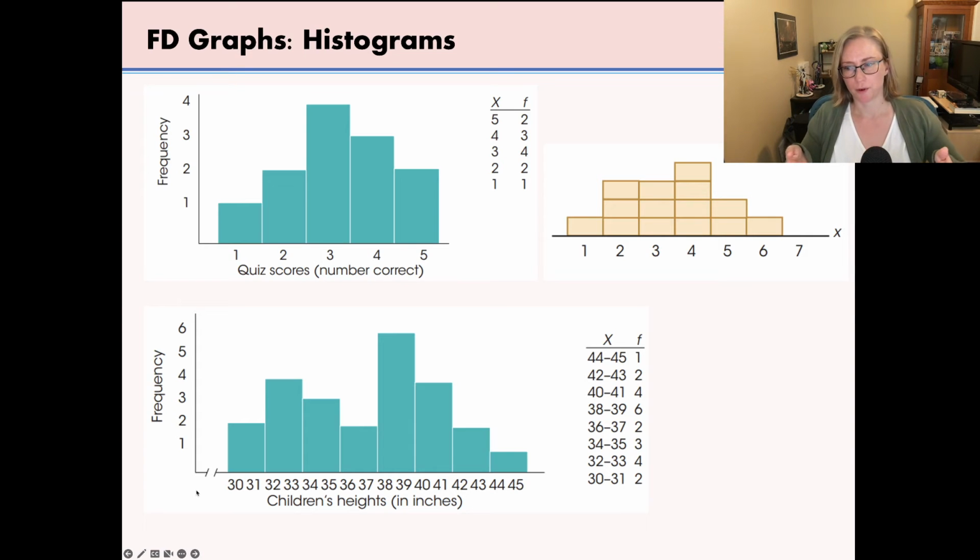That's because we're not displaying it from 0 up, because even a newborn has some inches on it, usually like 19, 20 inches. So to properly show that we're not starting from 0, because we're not going to have any values there, we can use this break symbol that says we're just starting at 30. But then same thing, you have your categories down here on your x-axis and your frequency.